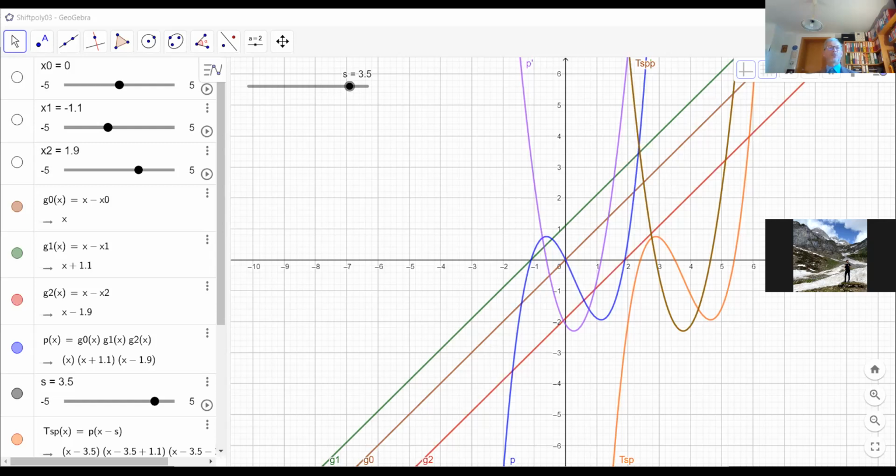But what we should do is, of course, to say no. We expect that this is the same as the derivative of the shifted version of the polynomial. So it should be the derivative of the shifted polynomial at x.